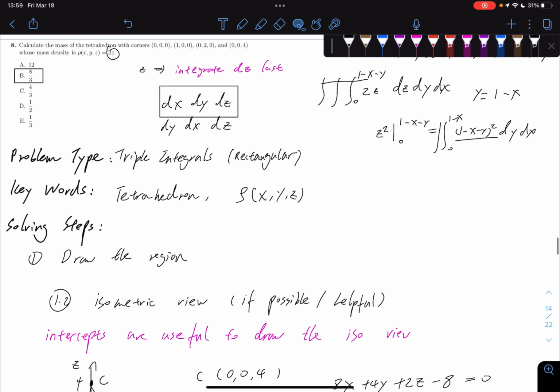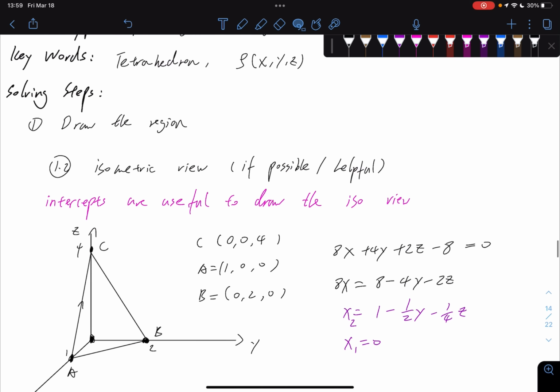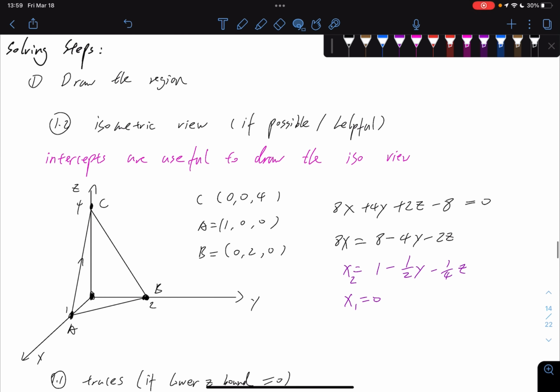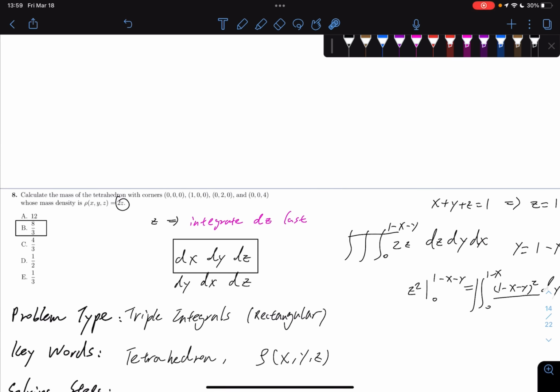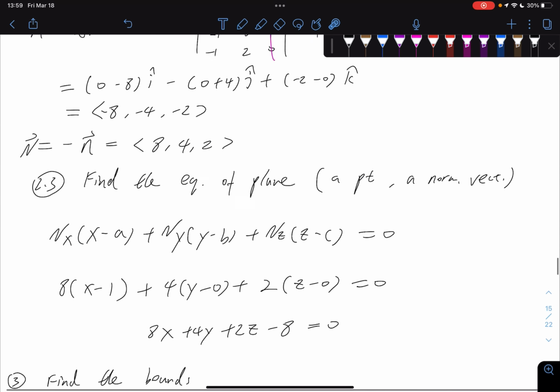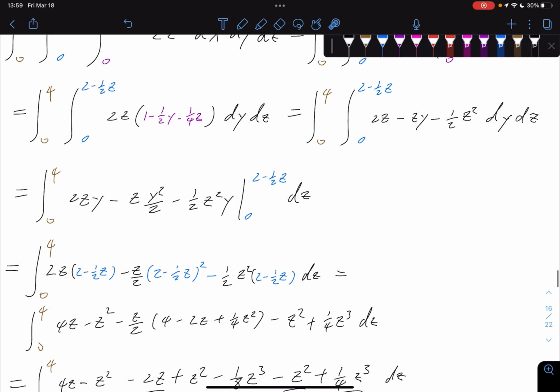So the process of triple integrals is very similar, but we just need to be aware to find the equation of the plane that's covering the tetrahedron, which is this plane right here, and we also need to be careful with our order of integration based on the integrand we're provided. If we choose the right order of integration, it will make the integration process a lot easier and actually make it possible.